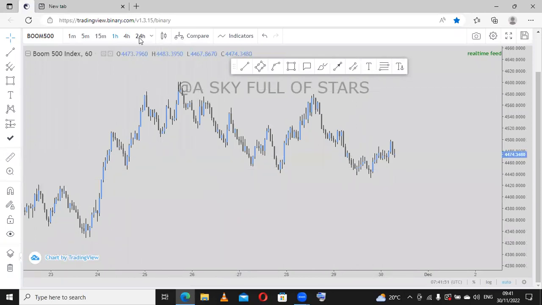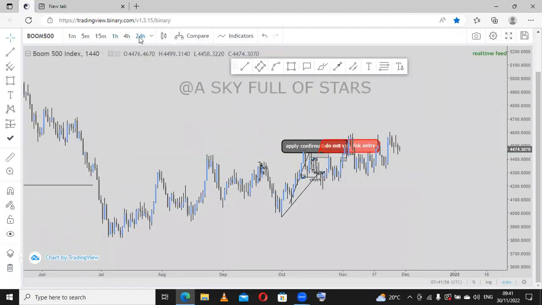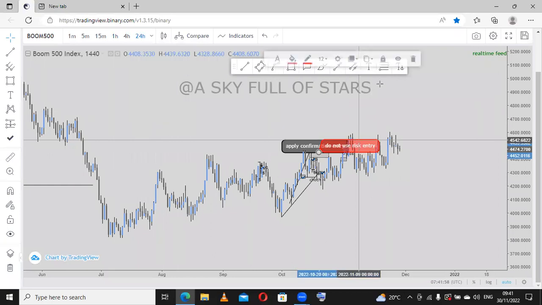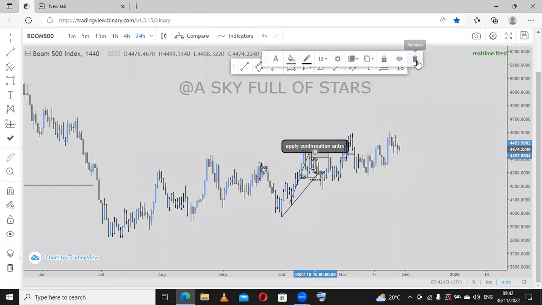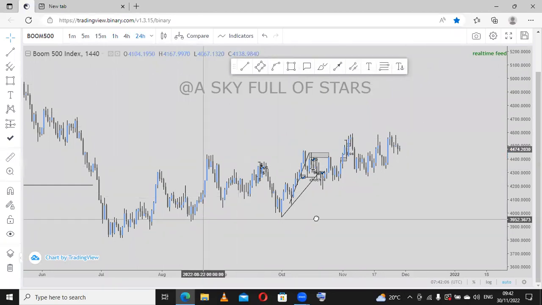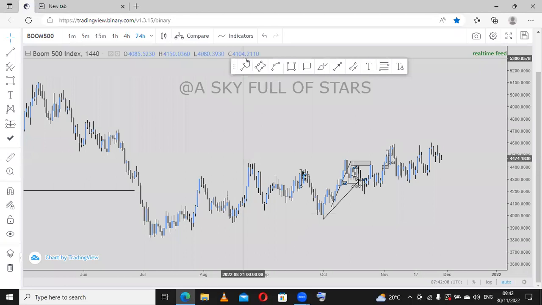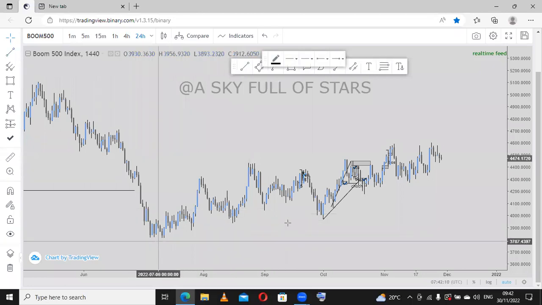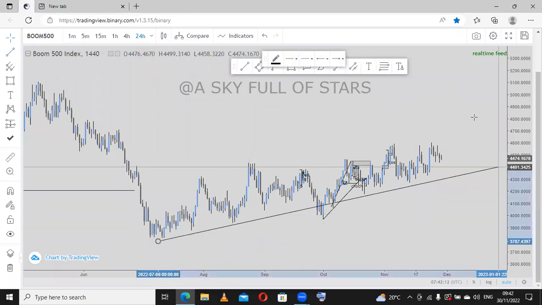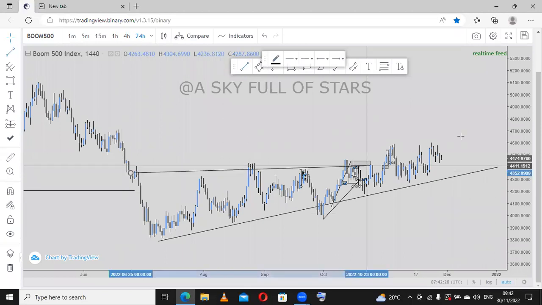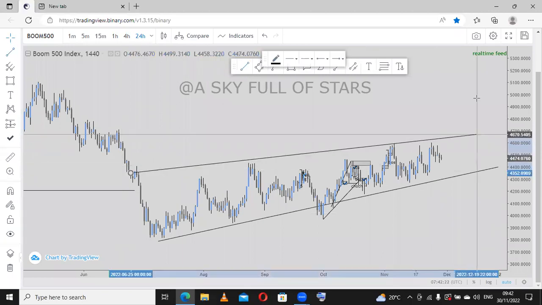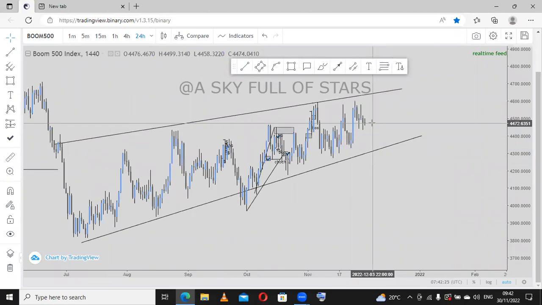All right. First, let's see what D1 is telling us. Okay. Let me delete these. Okay. So Boom 500 is bearish on D1, but you kind of have some sort of flag going on right now on D1, which means you can either buy or sell depending on where price is at, right?